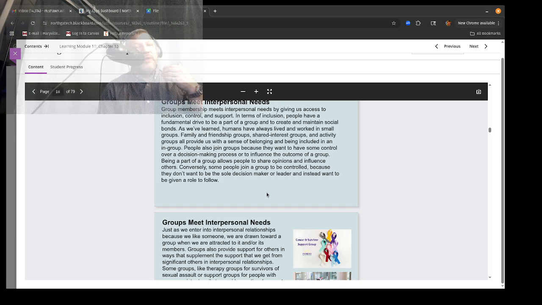So, when we think about those kind of things, that's important. Conversely, some people join groups in order to be controlled because they don't like making decisions or being a leader, and instead want to just follow along.